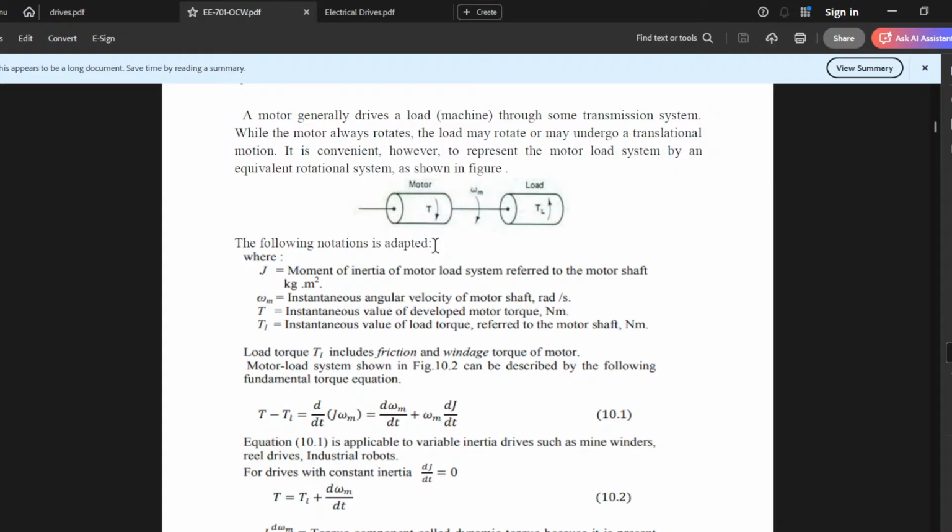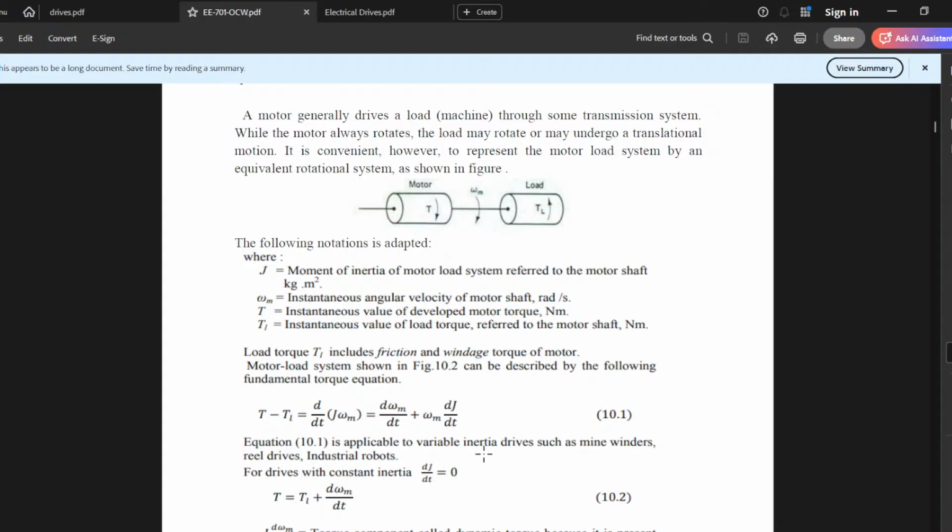So T minus TL is equal to d by dt of J omega m, inertia times velocity. It becomes J d omega by dt plus omega dJ by dt.